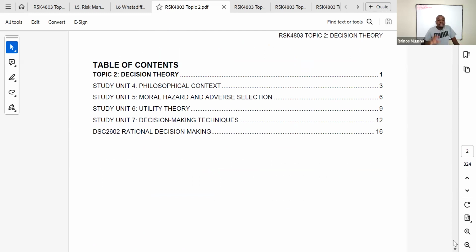This particular topic, expect a lot of theory questions to be coming from this topic as well. And as we have seen, when it comes to the GenFeb 2024 paper, for the first time, the lecturer has brought in multiple choice questions, which is basically those short questions as well.